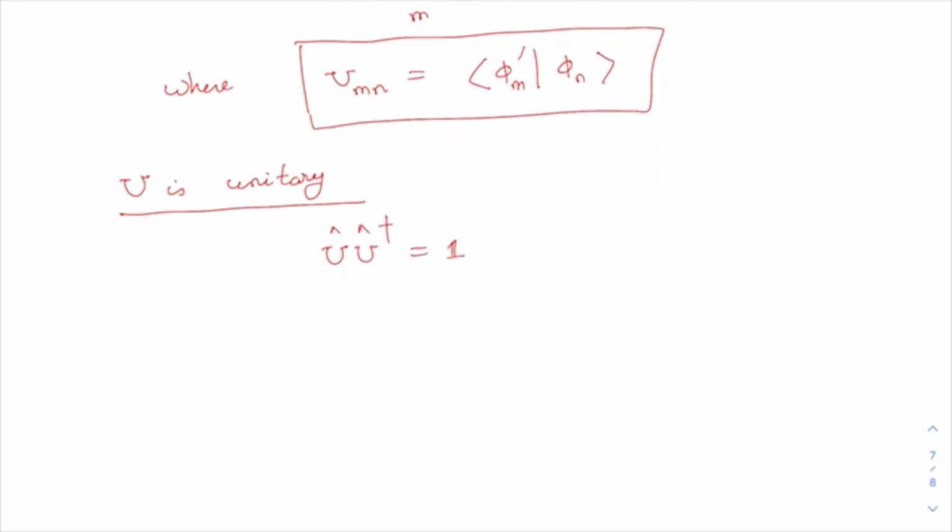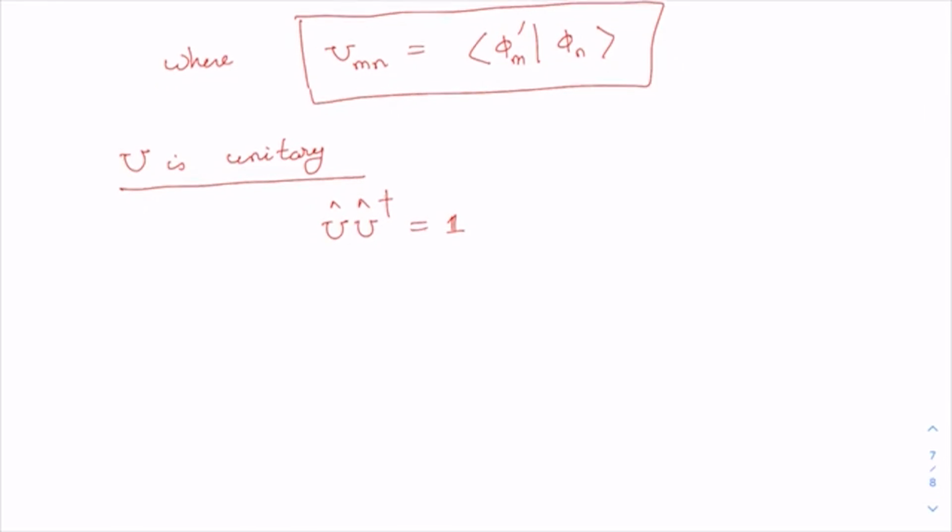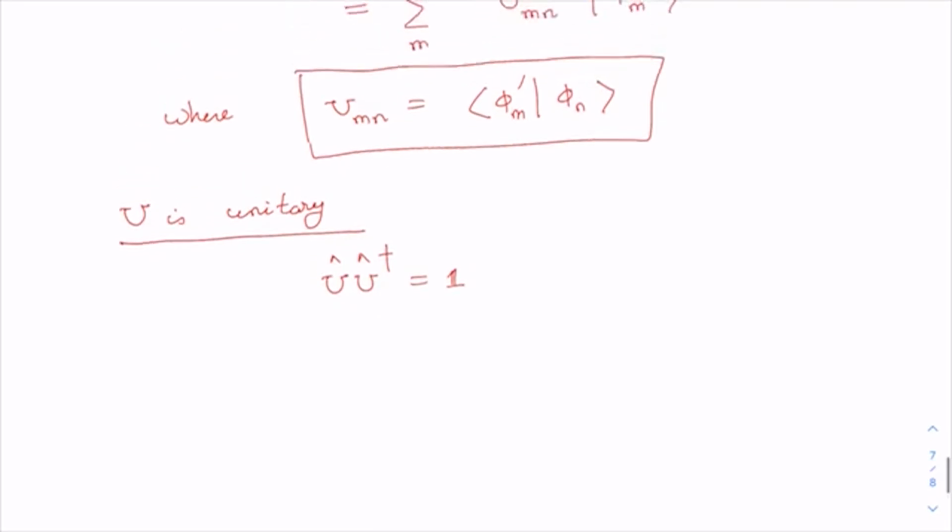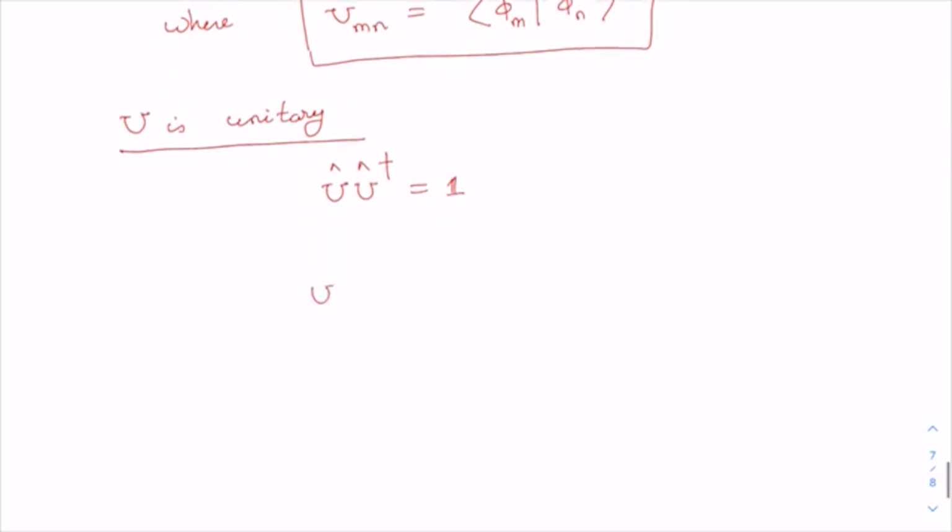U dagger is the Hermitian conjugate operator corresponding to the operator U. So now let me prove it. Let me work out the relation phi m U dagger U phi n. If I can prove that this is equal to delta mn, then it will ensure that U is unitary.